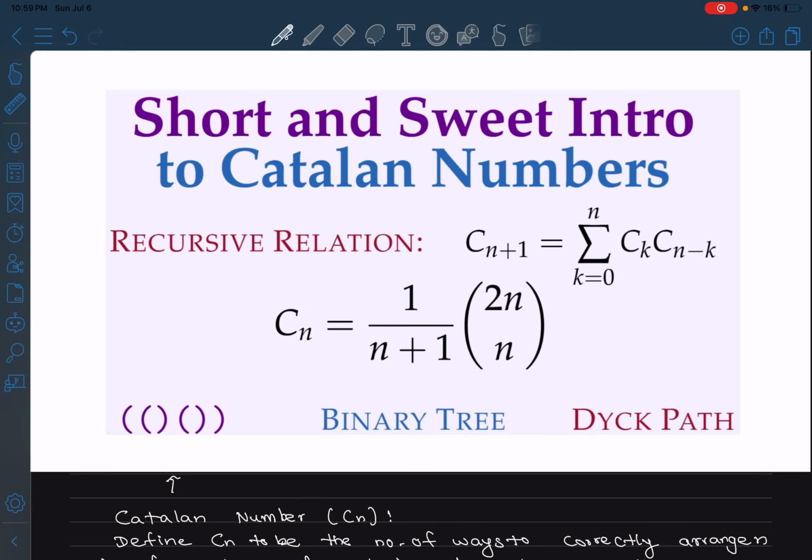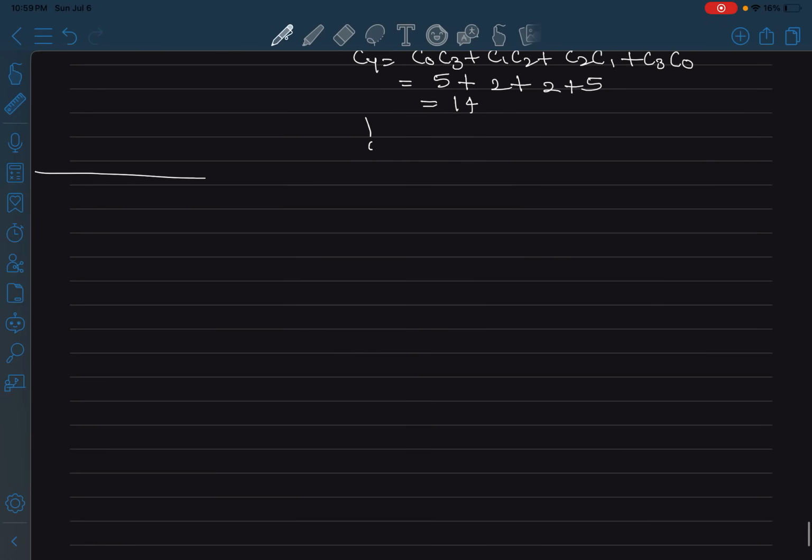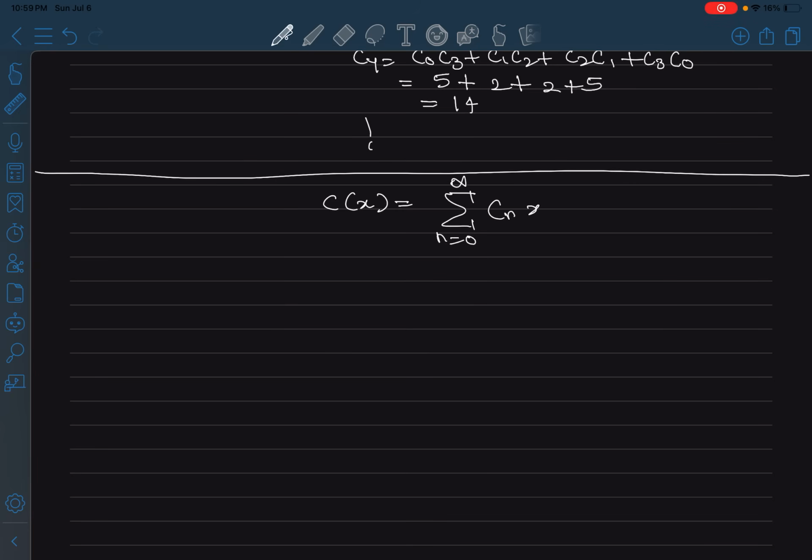What we're going to do is use this recurrence relation, and also use the tools of generating functions. So let us first define C of x, which is the generating function of the Catalan numbers, the sum from n equals 0 to infinity of Cn x to the power n, right?